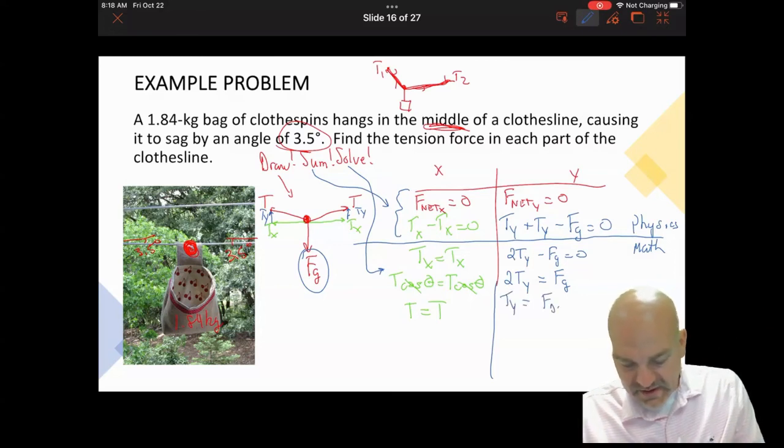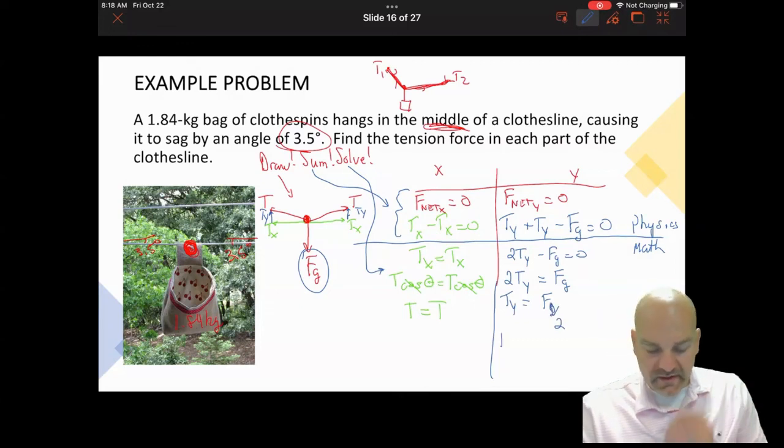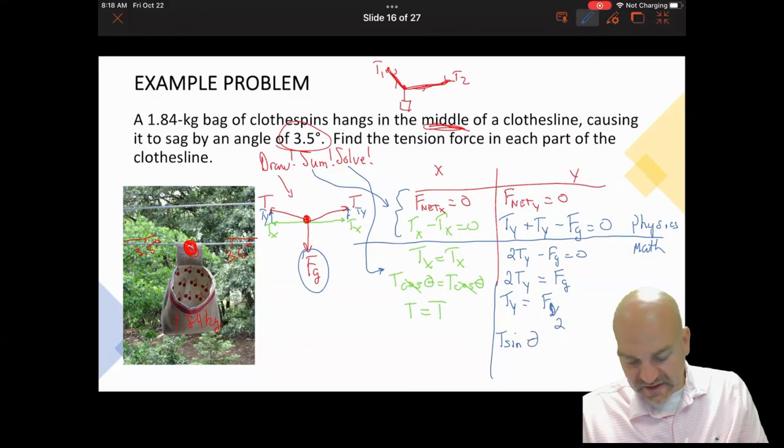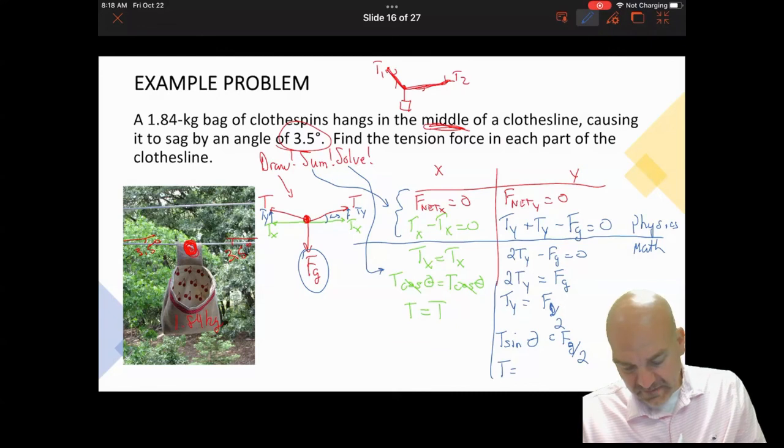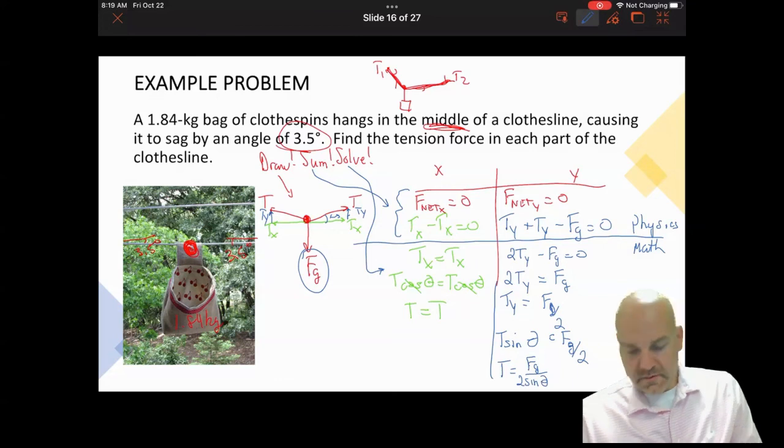Okay, so Ty is going to be Fg divided by 2. But what is Ty? Ty is T sine theta, because it's our opposite side to our angle. And so it's going to be Fg divided by 2. And so T is going to be Fg over 2 sine theta.